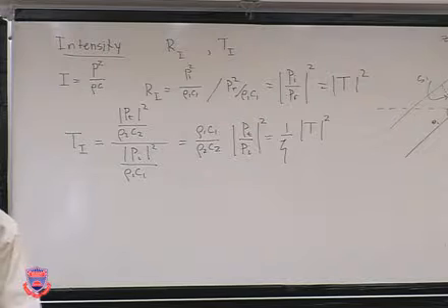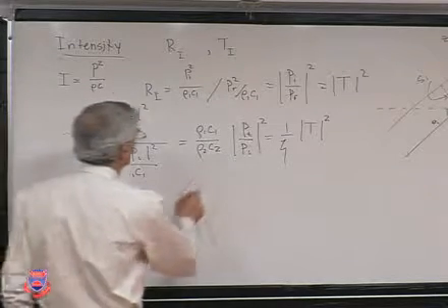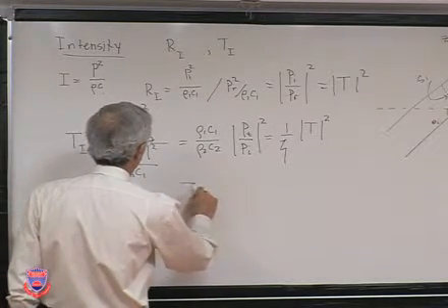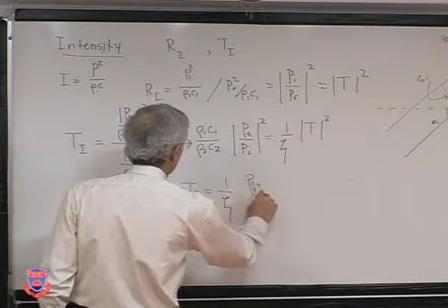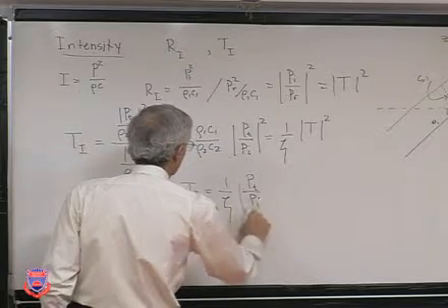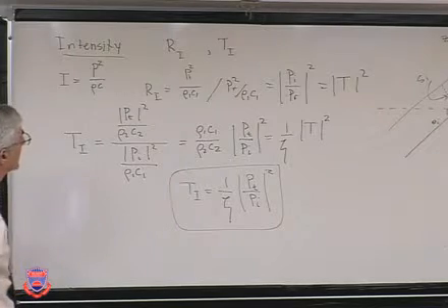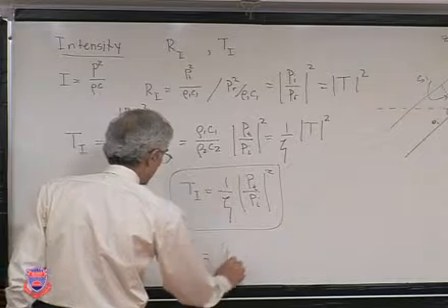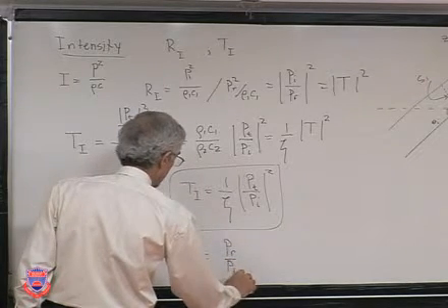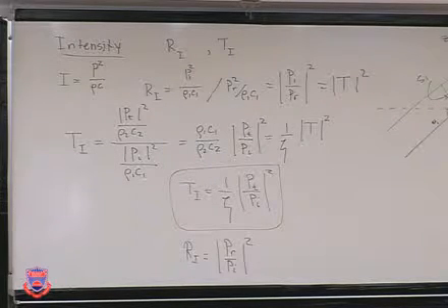It's modified now by zeta. So intensity transmission is this, whereas reflection is this.